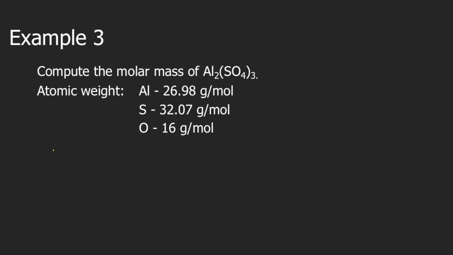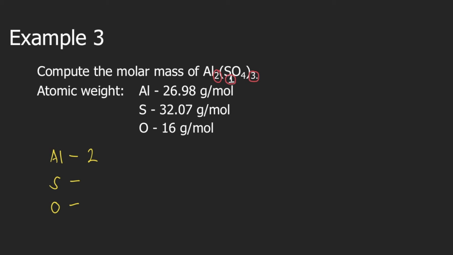The elements are aluminum, sulfur, and oxygen. There are 2 aluminum atoms. For sulfur, the subscript is 1. When an element is inside a parenthesis, you will multiply the subscript of the element to the number outside the parenthesis.